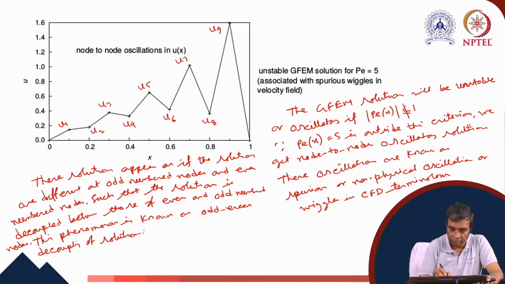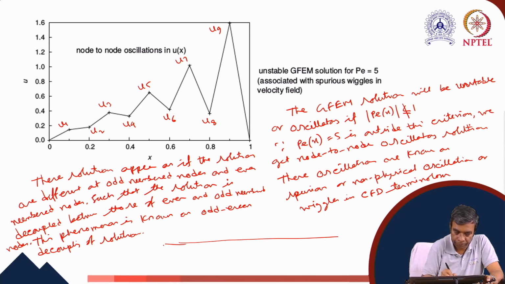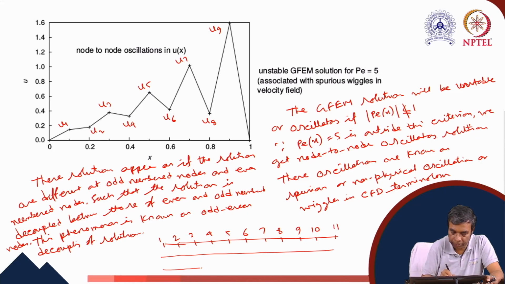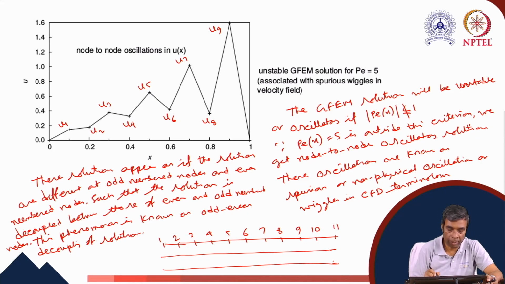So, if we have our nodes here, we can identify the nodes as 1, 2, 3, 4, 5, 6, 7, 8, 9, 10, 11. Then we see that our solution is distributed between the even numbered nodes and odd numbered nodes.